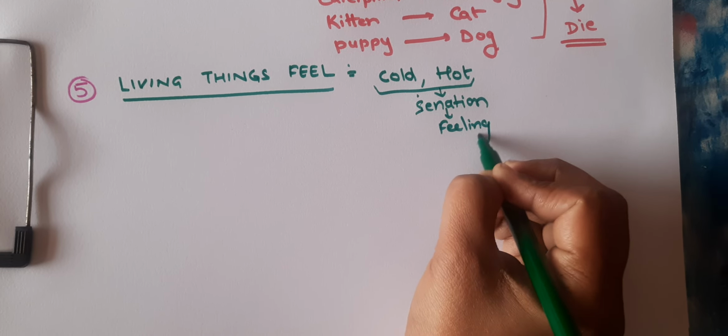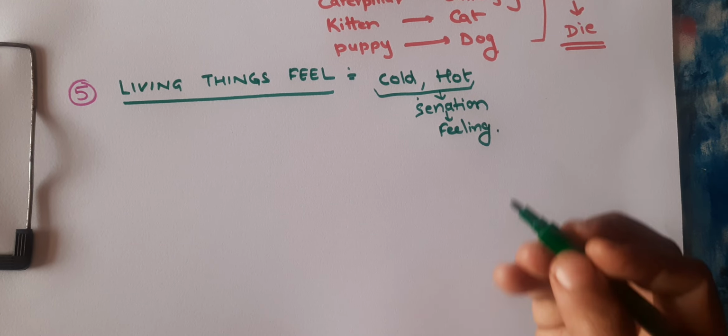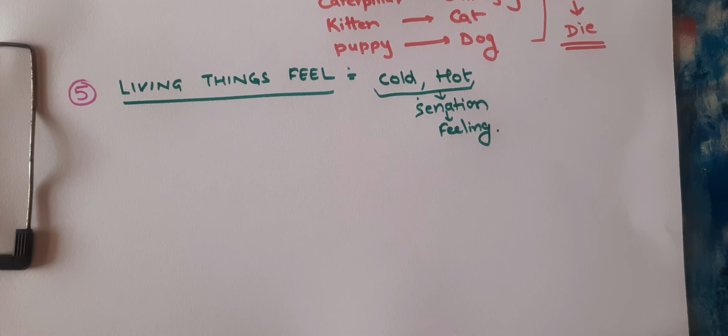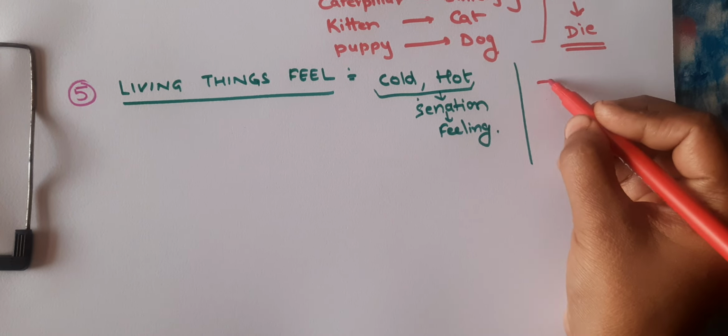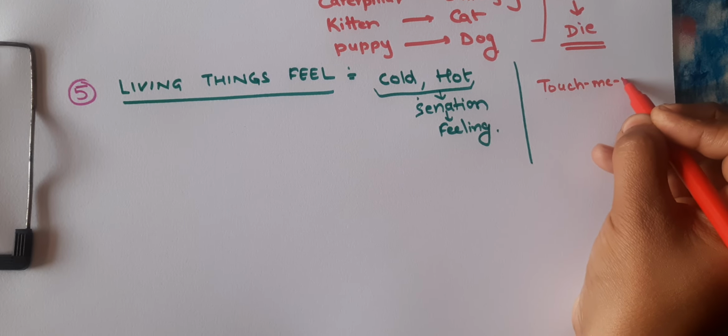So this makes a huge difference between living and non-living things. Now it's not the human beings only or the cat or cow, they all can feel, but the plant also feels. How? There is a plant called touch me not. If you touch that plant, it will close.